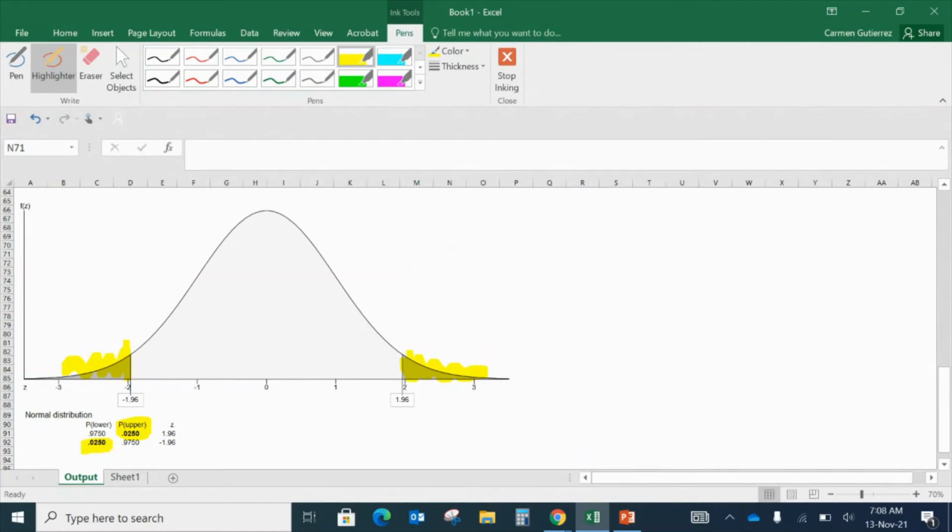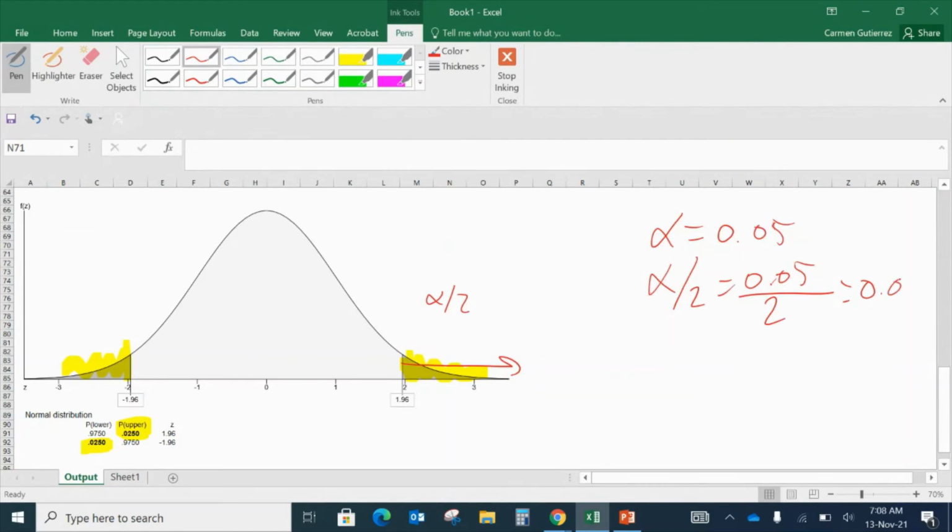It's 0.025. So this area here is alpha divided by 2. Alpha was equal to 0.05. So that's in total. Since I have two sections, I divide my alpha by 2. 0.05 divided by 2 was 0.025, which is here and here. So this is alpha divided by 2, 0.025.